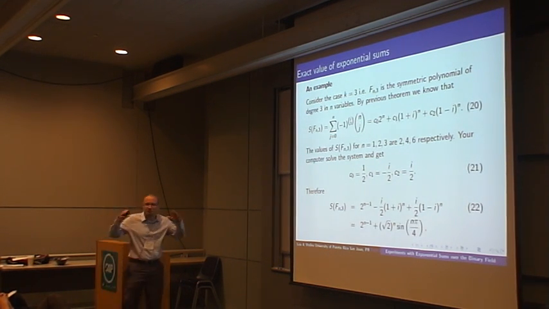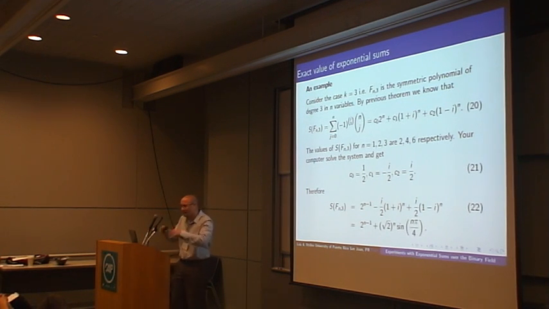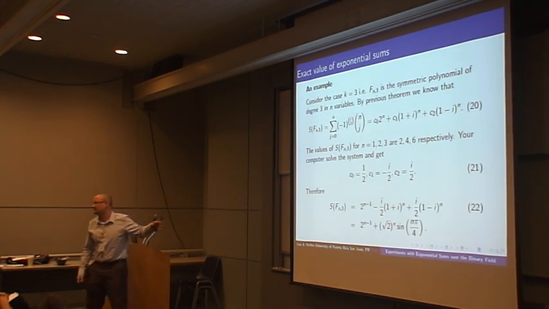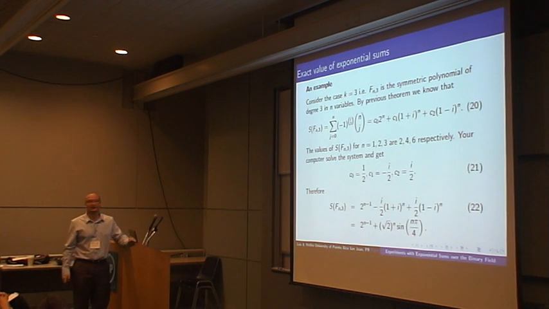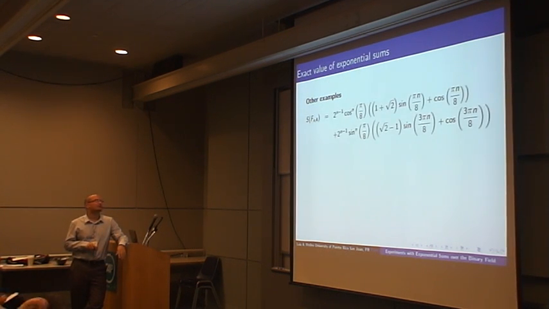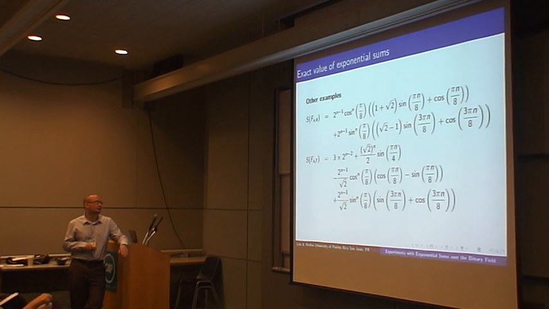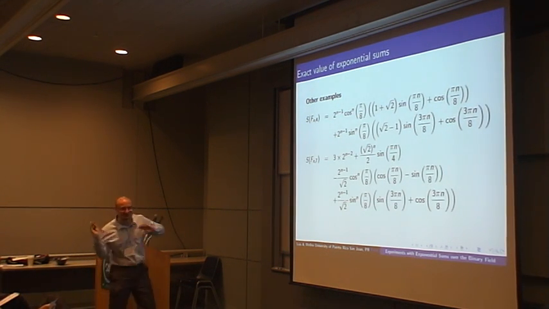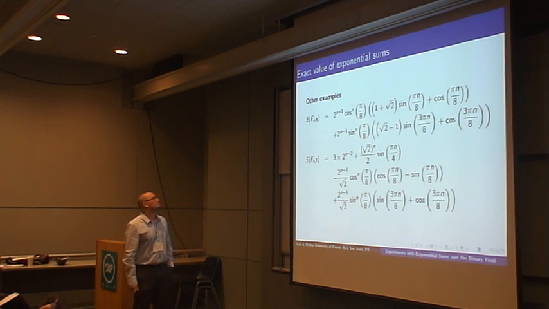Of course, it gives you something more ugly, but then you could simplify and just start tweaking it, and you can get there. Yeah. And other examples include this one. This is the 4th one, or the 7th one, which is that. But then you get tired after doing this. You want the computer to actually do it, right?